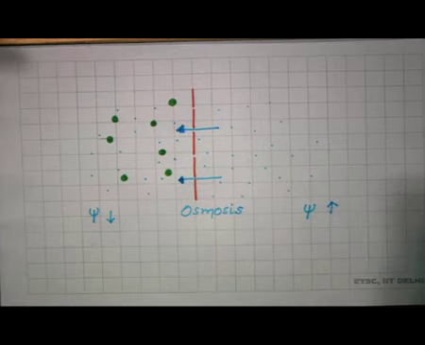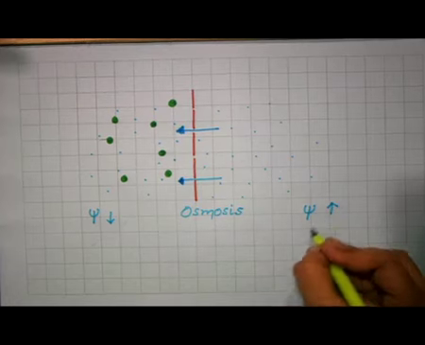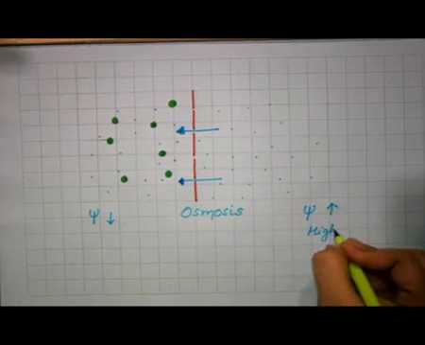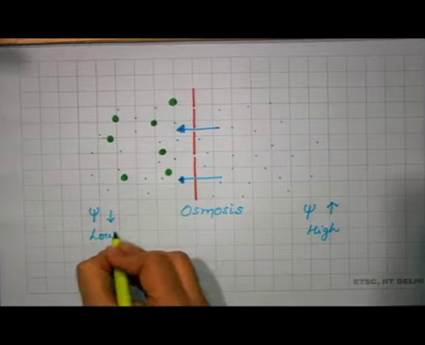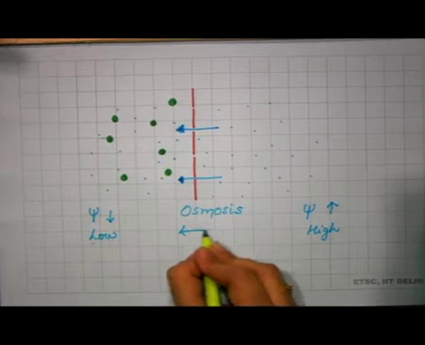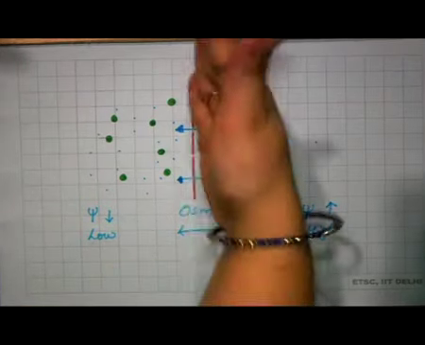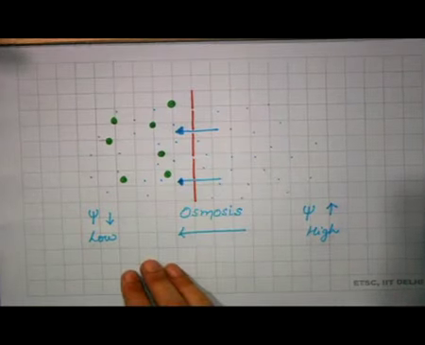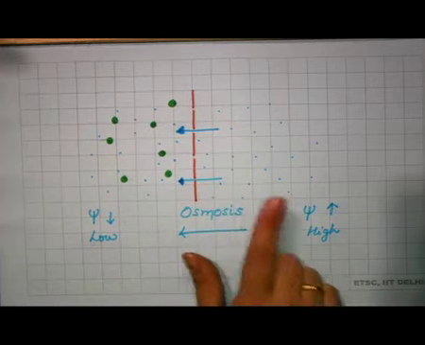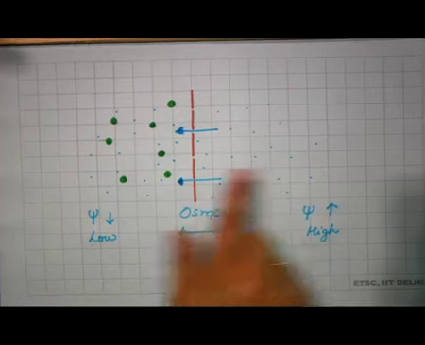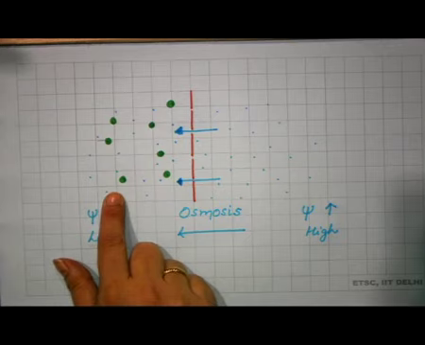And we have learnt that water moves from the region of high water potential to low water potential. So, because of osmosis, in such a system where two solutions are separated by a semi-permeable membrane, the water will move from the region of its high water potential to low water potential.